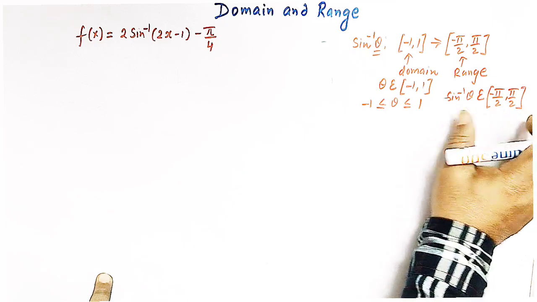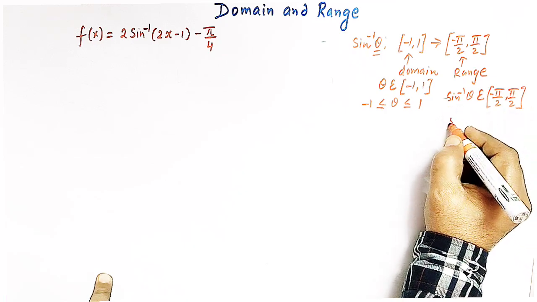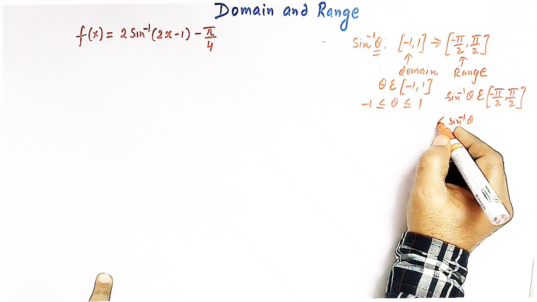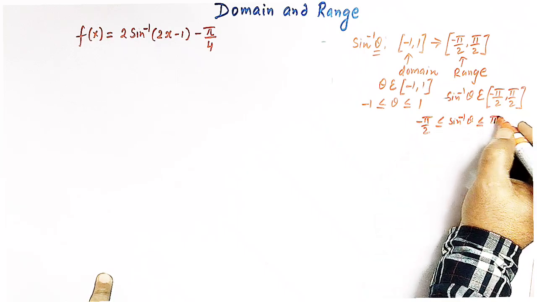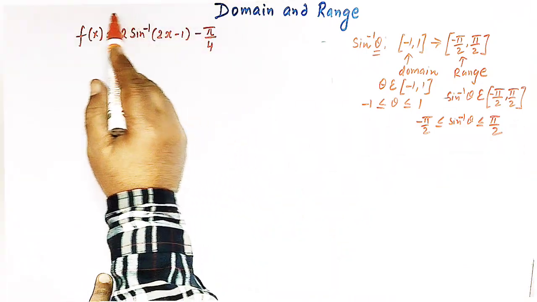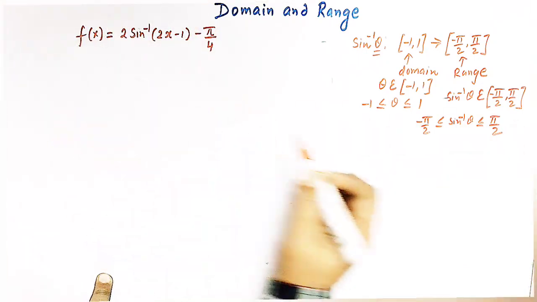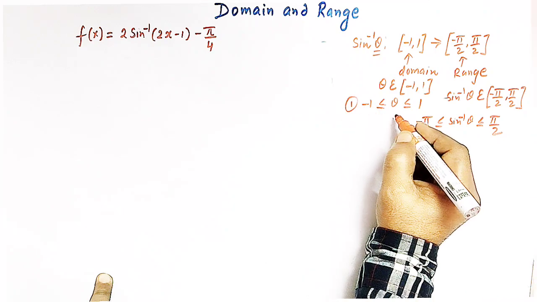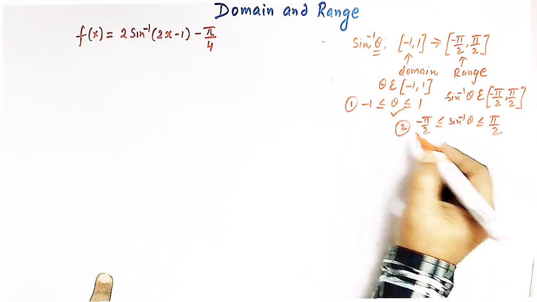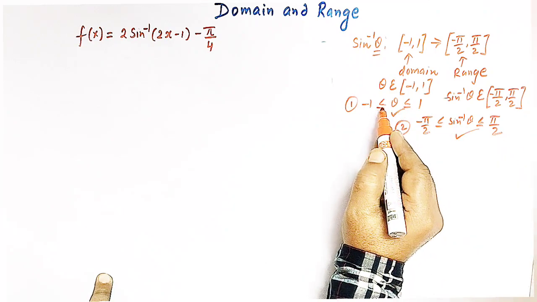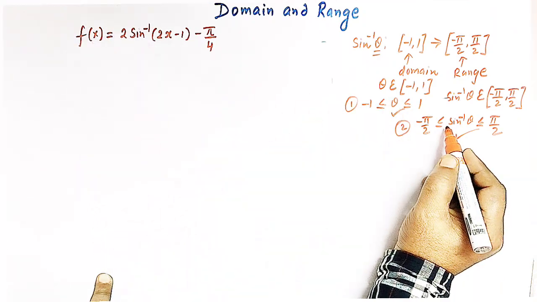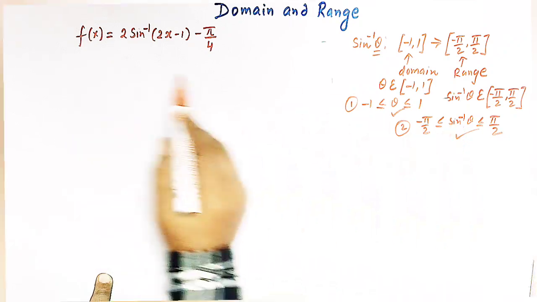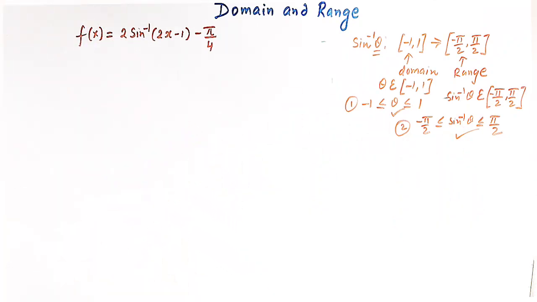So we can also write this expression as sine inverse theta lies between minus pi by 2 and pi by 2. So to get the domain and range of this function, we are going to utilize this result and this result. This result will be used to get the domain of this function, and this result will be used to find the range of this function f of x.